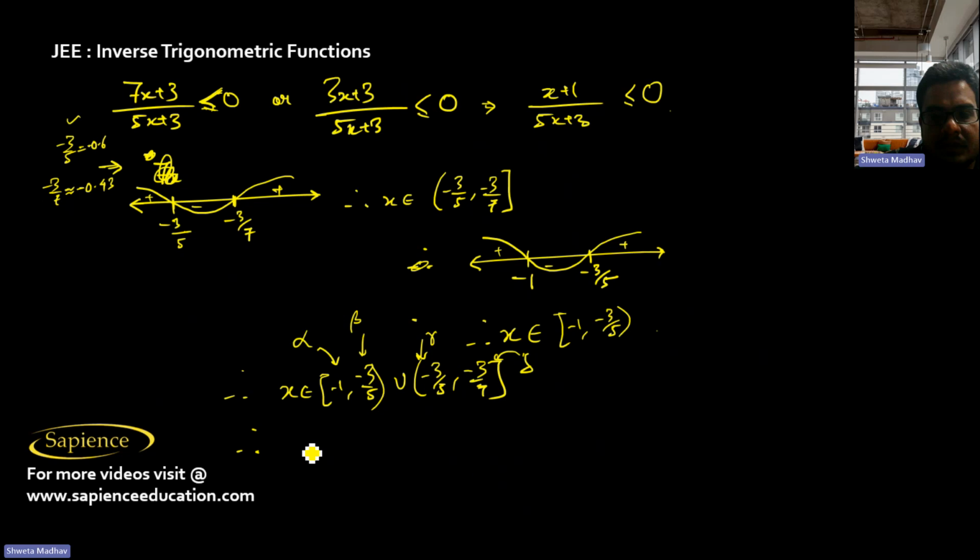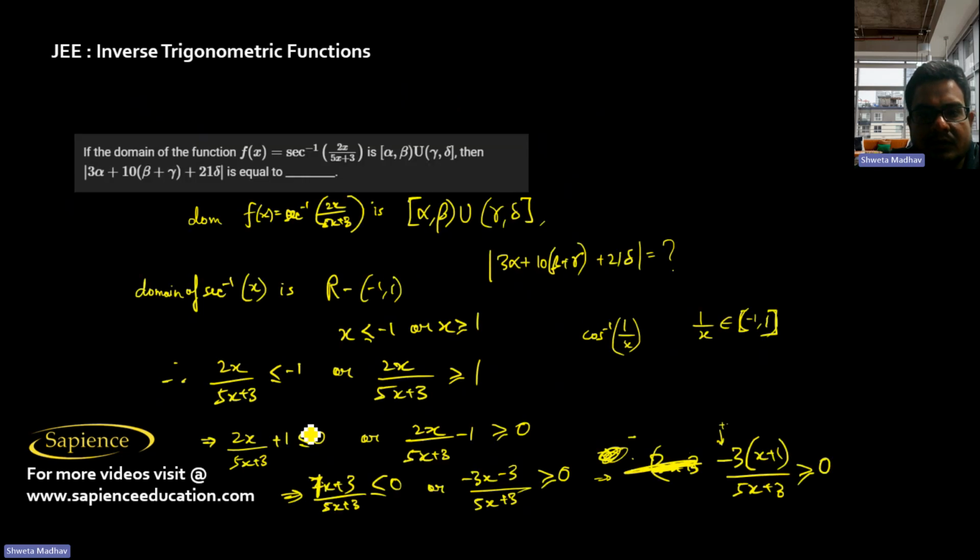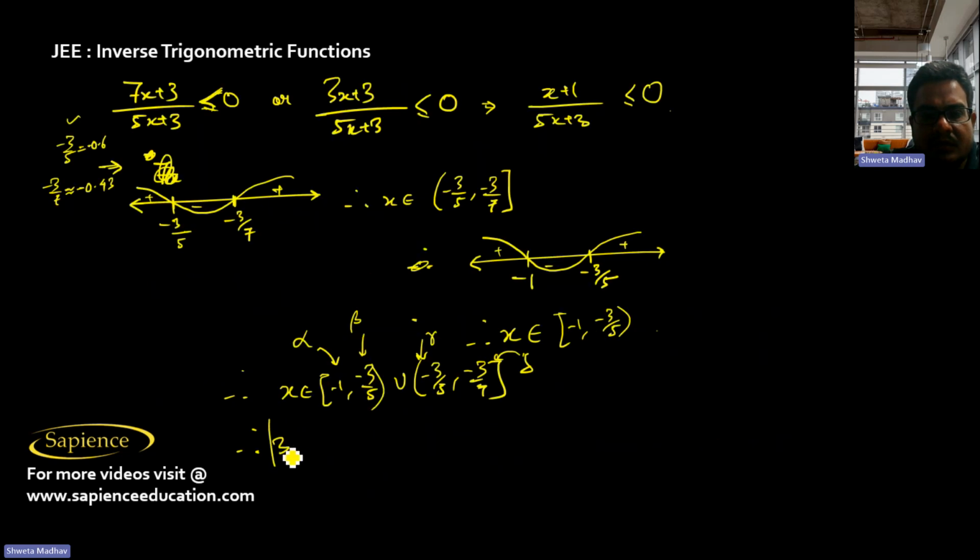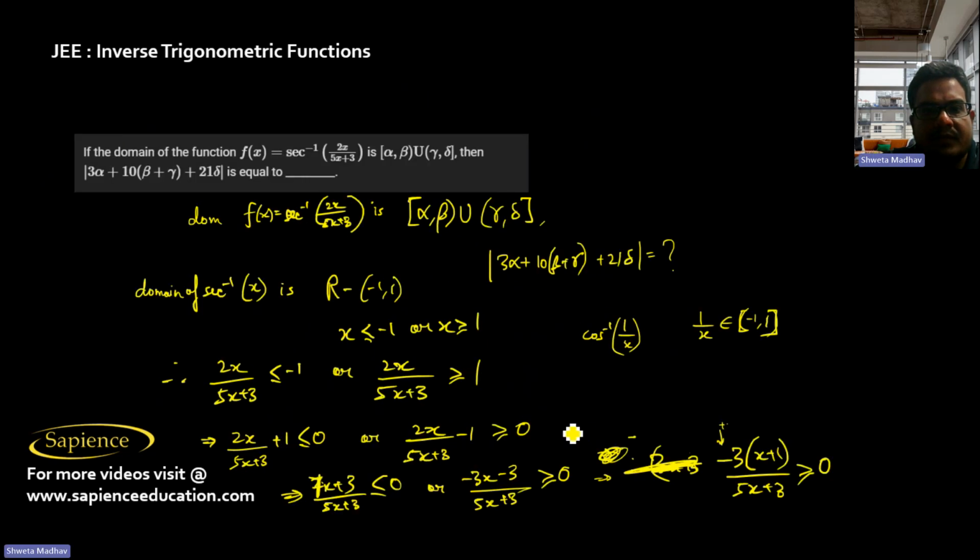So therefore we can say that the value we have to find is the modulus of 3 alpha, that is 3 into minus 1 plus 10 into beta plus gamma, minus 3 by 5, plus 21 into minus 3 by 7, out of that.